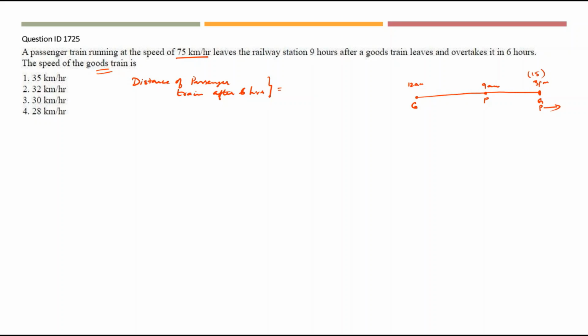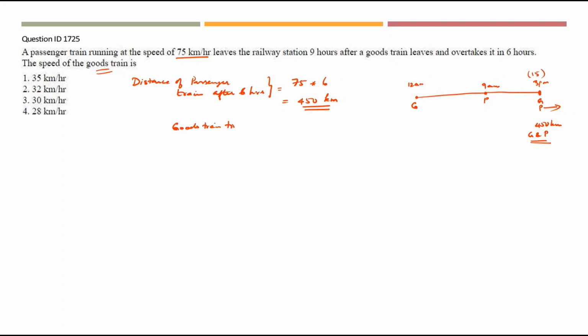For 1 hour, it is running at the speed of 75 km. So 75 km per hour. For 6 hours, it is 75 into 6, which is equal to 450 km. This much distance it has travelled. At 450 km, the goods train and the passenger train are meeting. With this detail, we have to find the speed of the goods train.